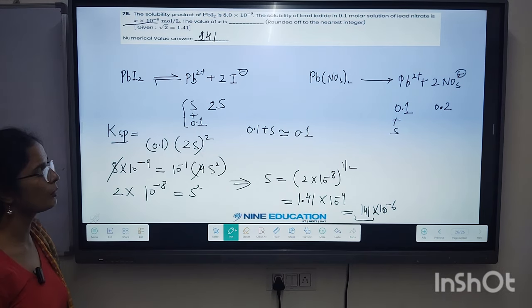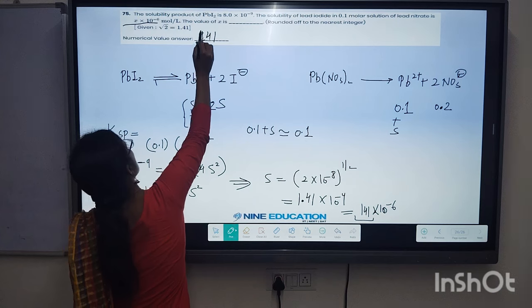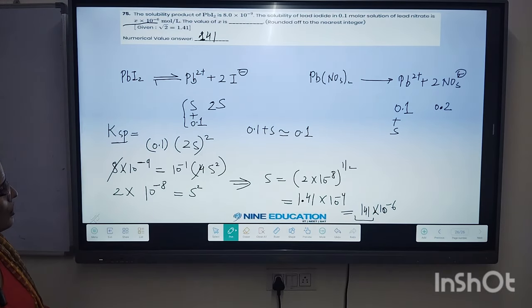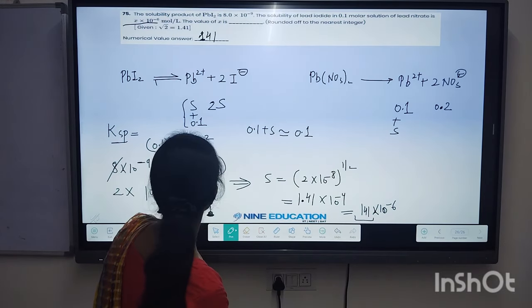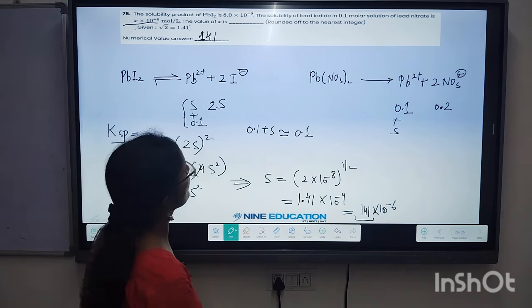So the X value will be 141. Let me just quickly check the calculation part, like everything is fine. Cool, we are having 141 as the numerical answer.